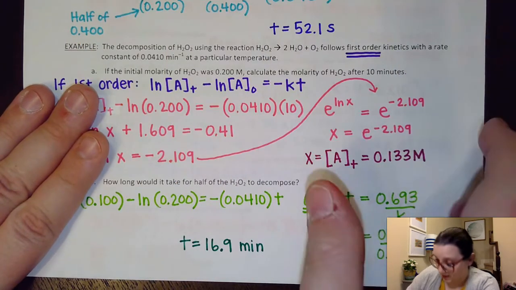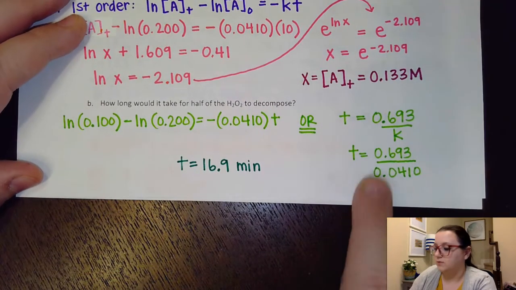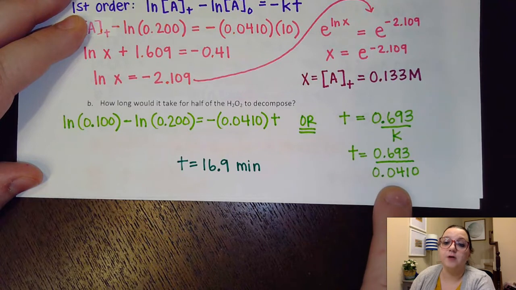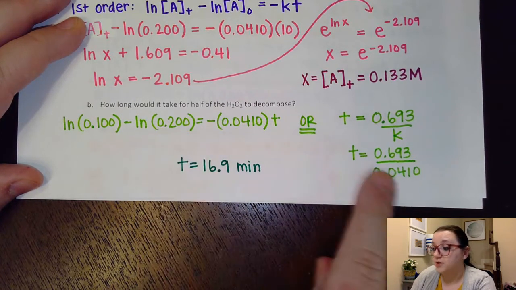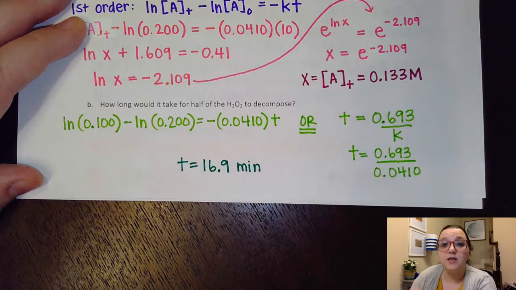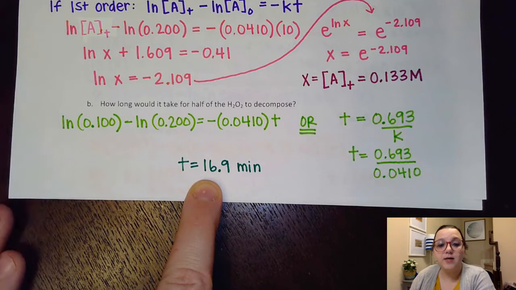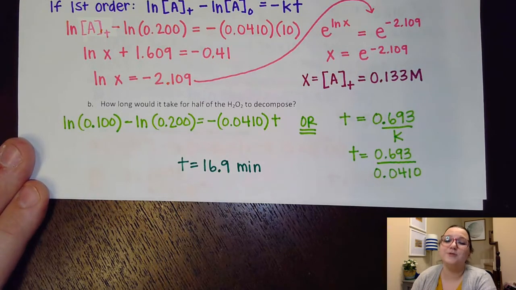And so because this is first order, you could also solve this one using this equation right here, plugging in your k value of 0.0410. So regardless of which method you used, you should be getting the same exact answer of 16.9. By the way, that 16.9 will be in minutes because, as a reminder, our k unit also had minutes in it.